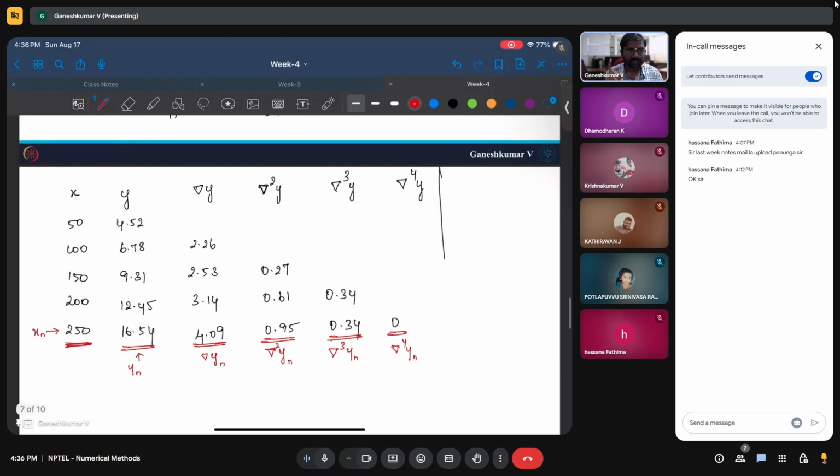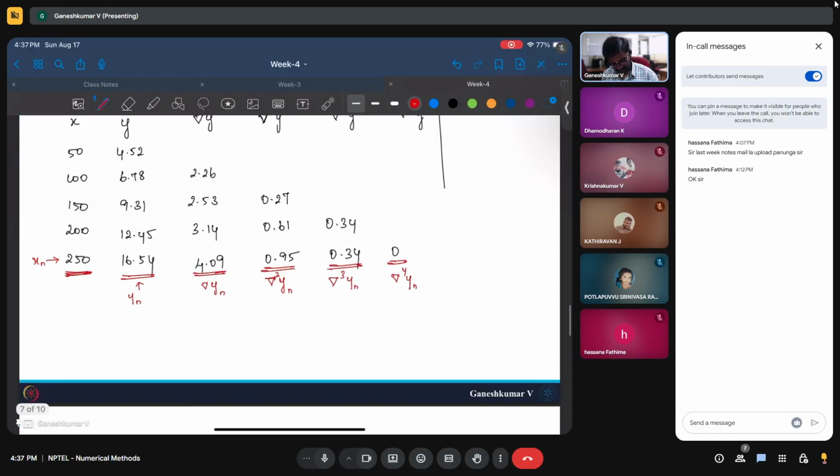Since we already know that we fitted a third degree polynomial, and we took nabla power 4 yn to be 0, here it automatically gives you that, since we were able to fit those data points, your nabla power 4 yn at the last point is coming out to be 0.